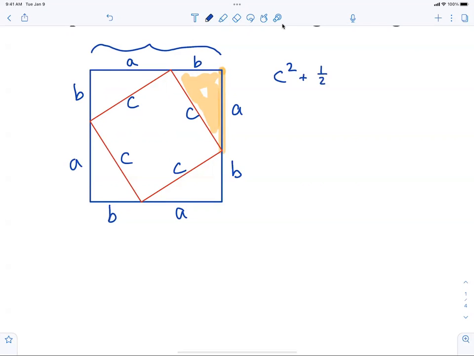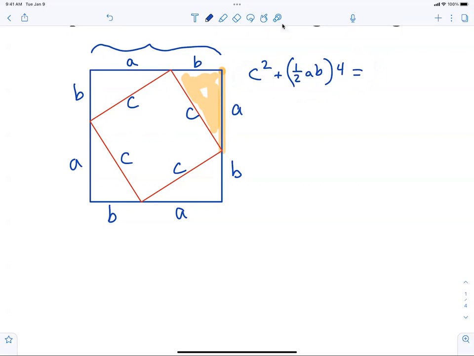It's 1/2 AB. Now, how many of those triangles are there? 4. Does everybody see that? So that's the area of the big square. Does everybody agree with that? Anybody have any problems with that? Oh, come on, guys, this is exciting. I don't know how you're not pumped up for this.